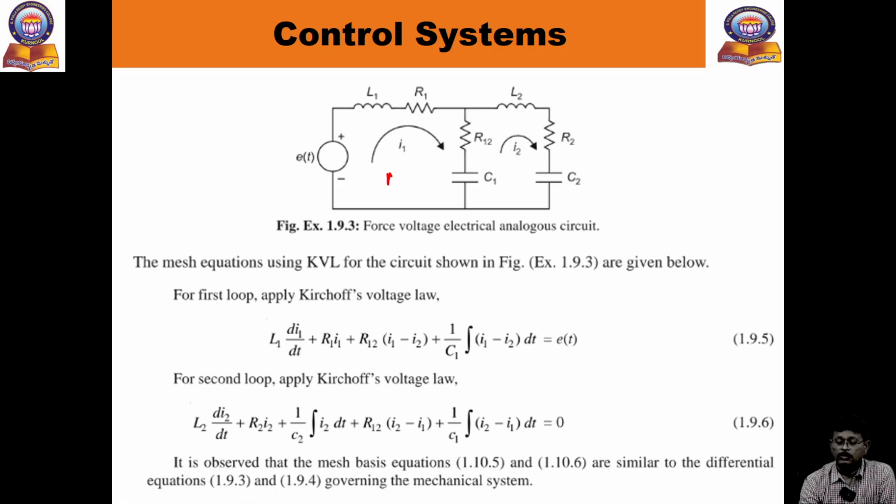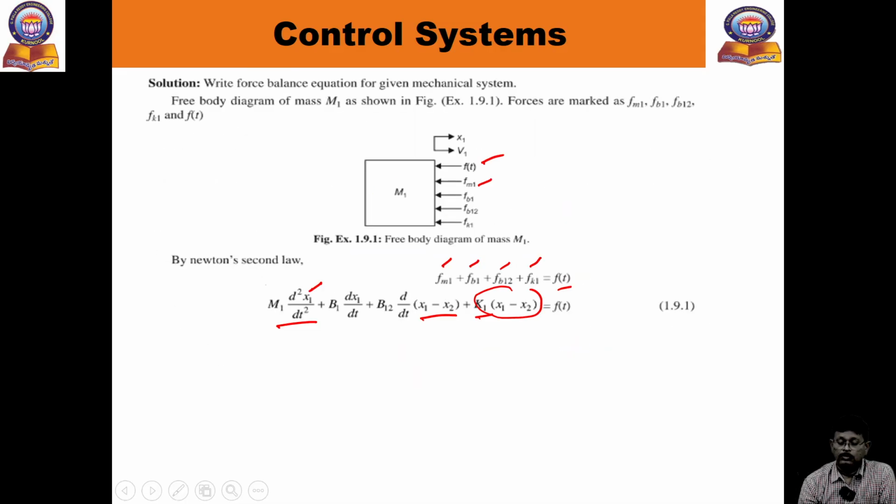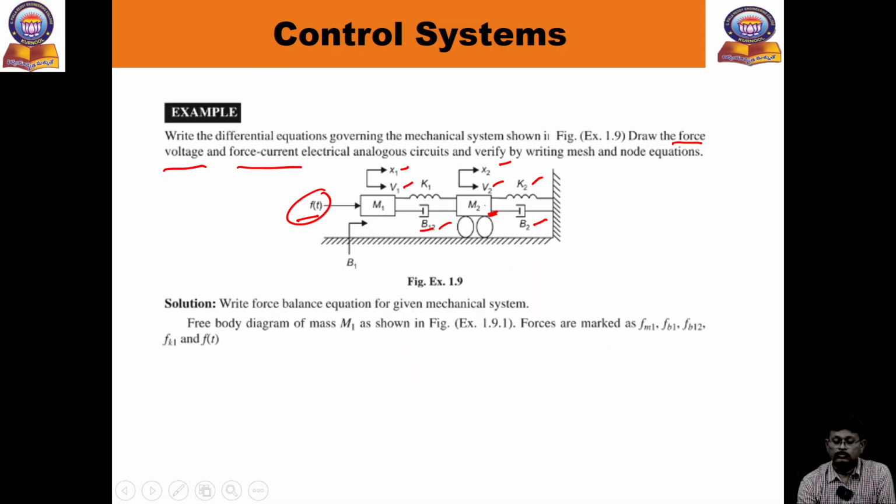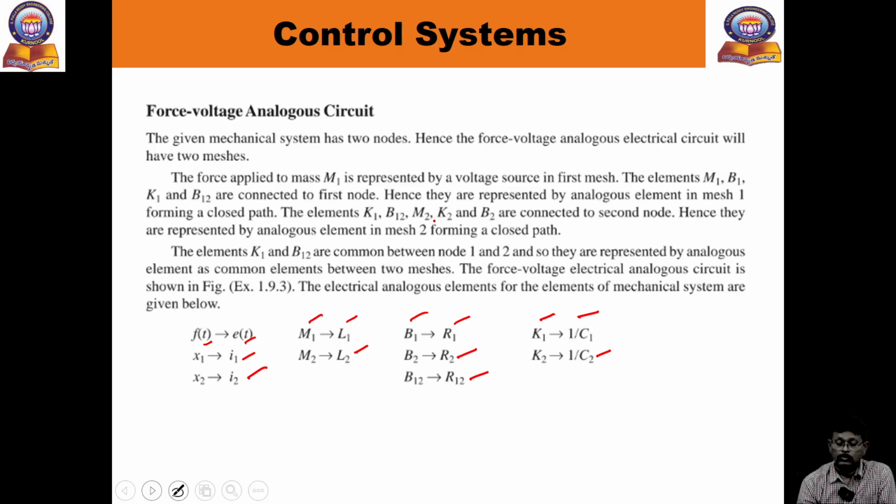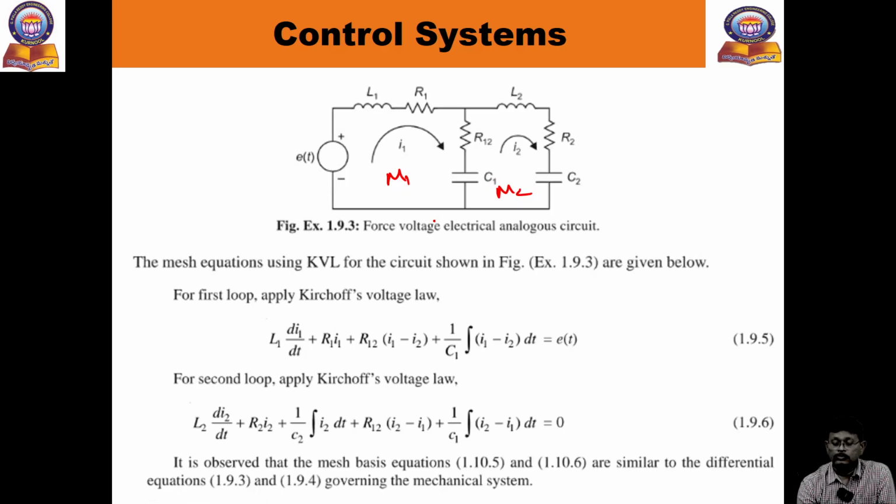M1 is connected to the force, then M1 is connected to K1 and B12 on one side. The force is the EMF. M1 connects to the K1 element, and B1 to L1, R1.